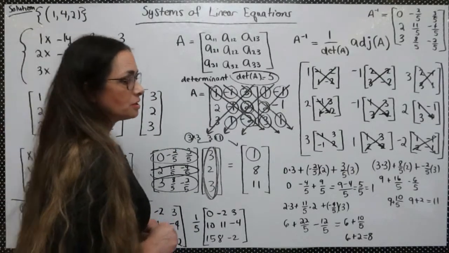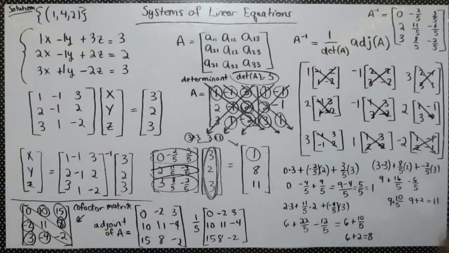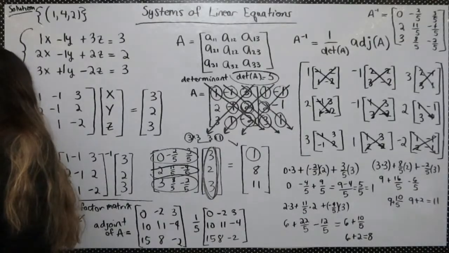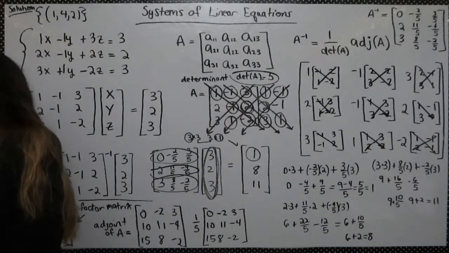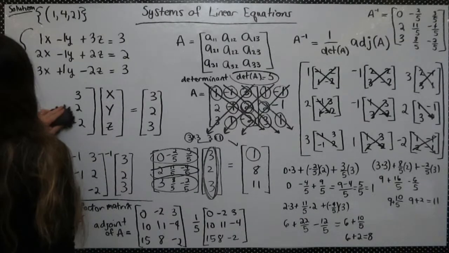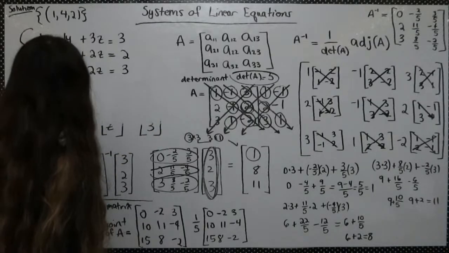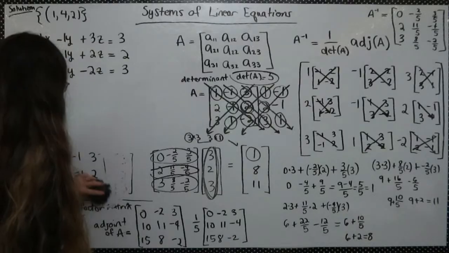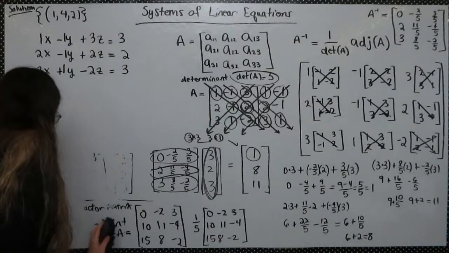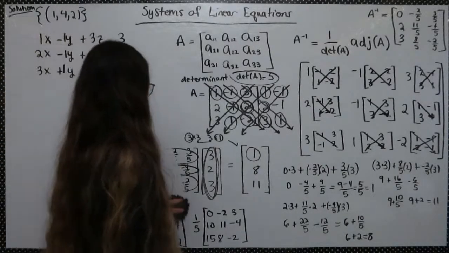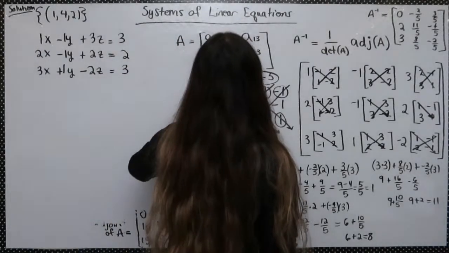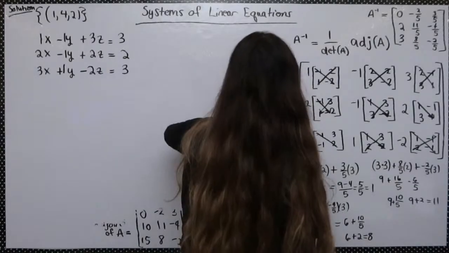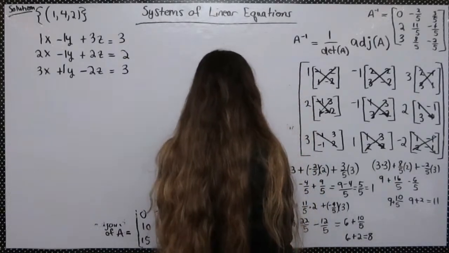Okay, so let's go ahead and just get erased. And so this is a 3x3 matrix. So we're going to keep the original equations up. Make sure we have them written correctly. And then we will recalculate. The determinant was correct, but it's good practice to go ahead and calculate it again, it's fine.